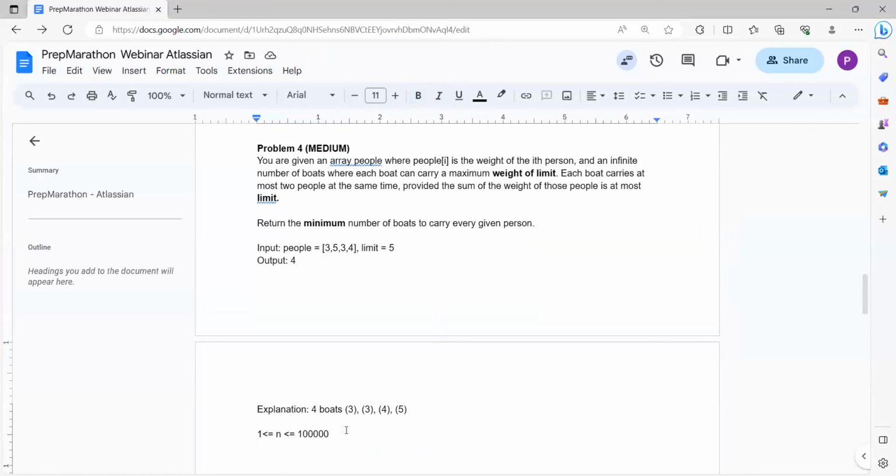So the length of the array is going to be up to 1 lakh, and the limit is obviously going to be greater than the maximum value of weights. And the limit can be up to 10 to the power 5. Let us keep it simple. Are the constraints clear?